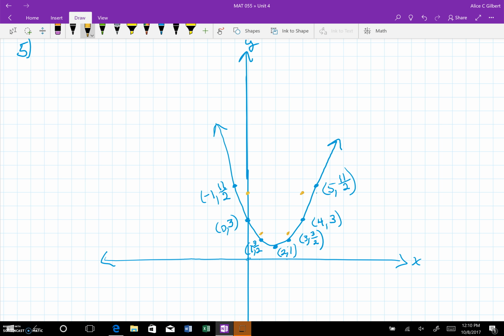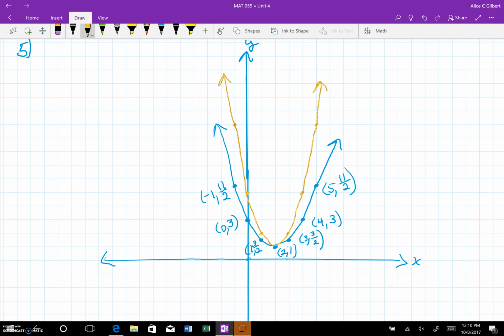Okay, 1, 2, 3, 1, 2, 3, 4, 5, 6, 7, 8, 9. And to the left 3 and up 9. So if we were starting at the same vertex, this would be our parent graph.